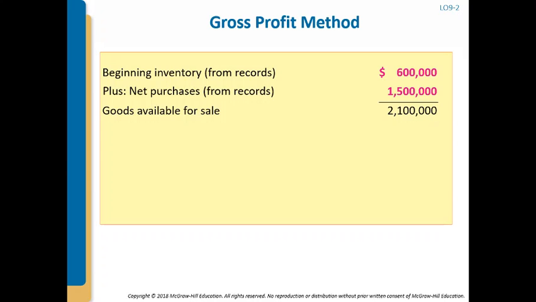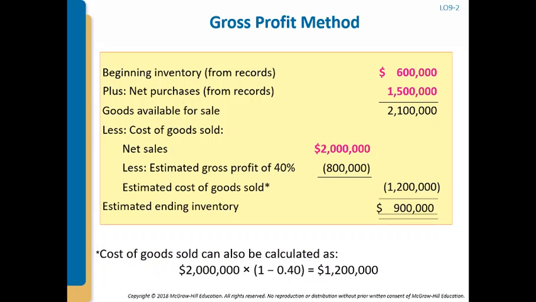And so, first thing to do is to estimate the cost of goods sold. And so it relies on historical relationships among net sales, cost of goods sold, and gross profit. If you know what your gross profit is, then you can figure out your cost of goods sold.